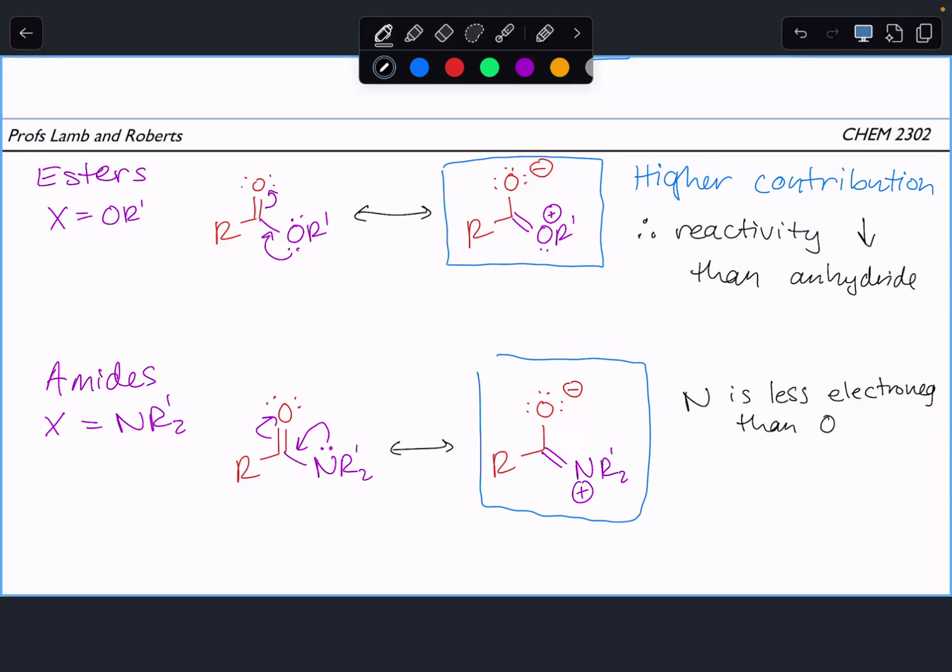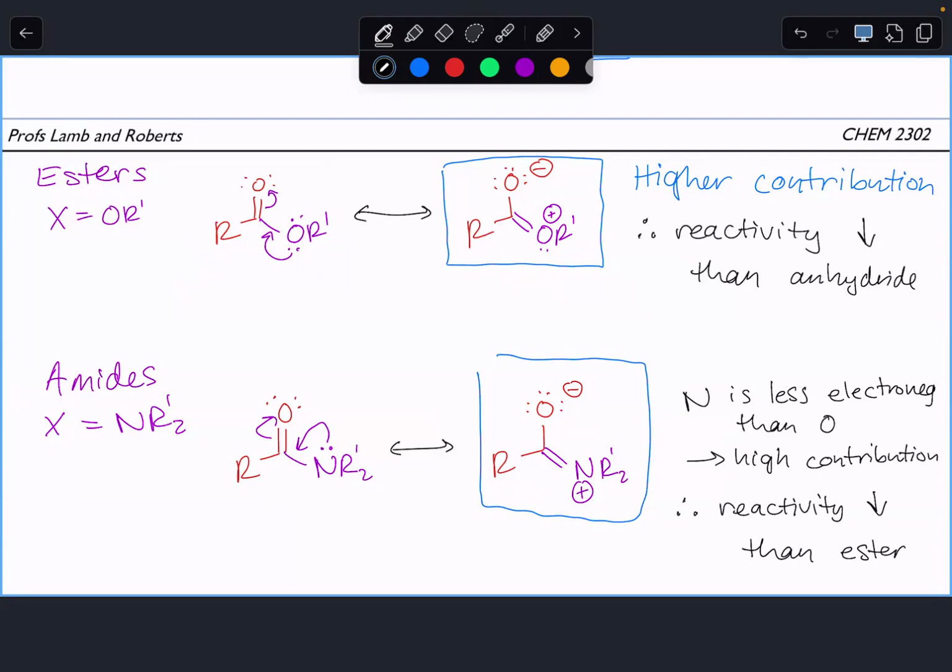So it's more willing to allow its lone pair into this resonance. Therefore, we have a higher contribution of that boxed resonance structure. Therefore, our reactivity is lower than our ester.